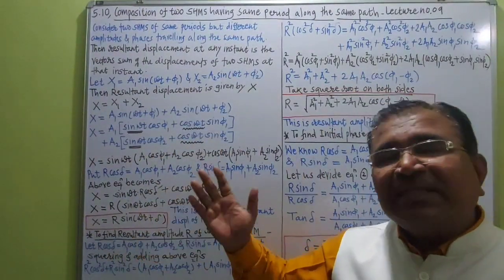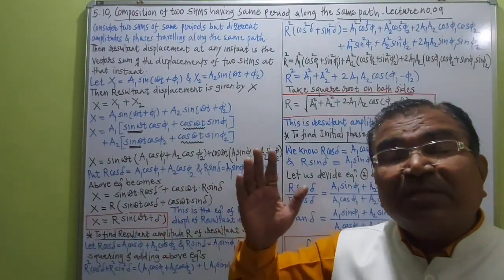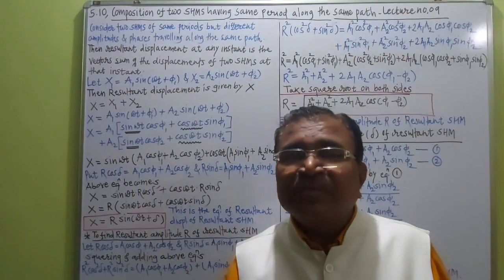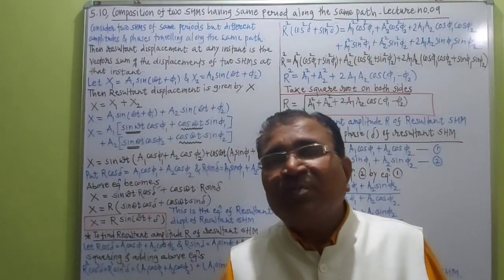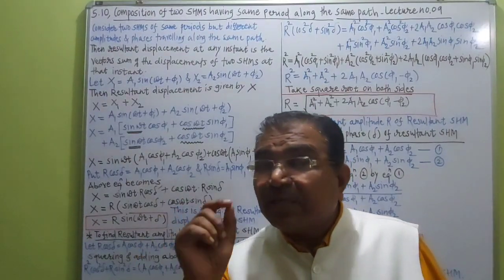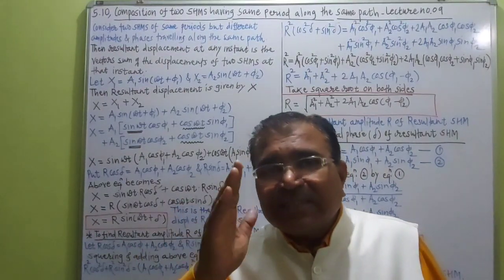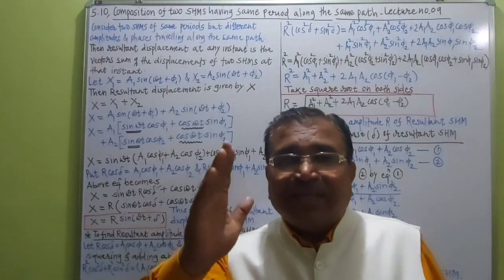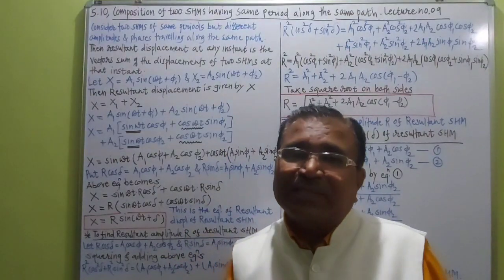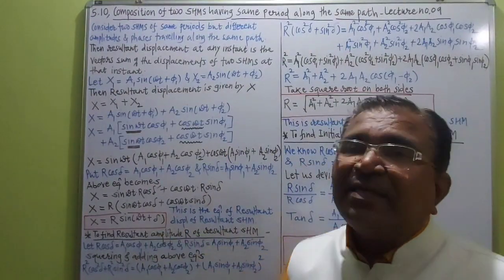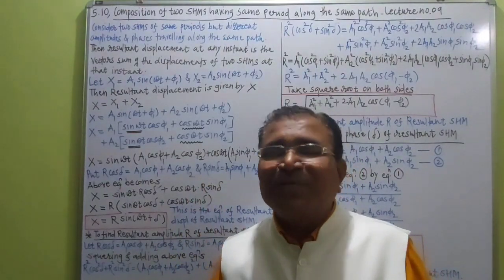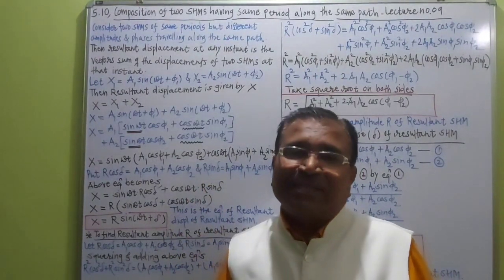We get the resultant displacement of the resultant SHM as capital X is equal to capital R sin of omega t plus delta, where capital X is called the resultant displacement, capital R is called the resultant amplitude of SHM, while delta is called the initial phase angle of the resultant SHM.